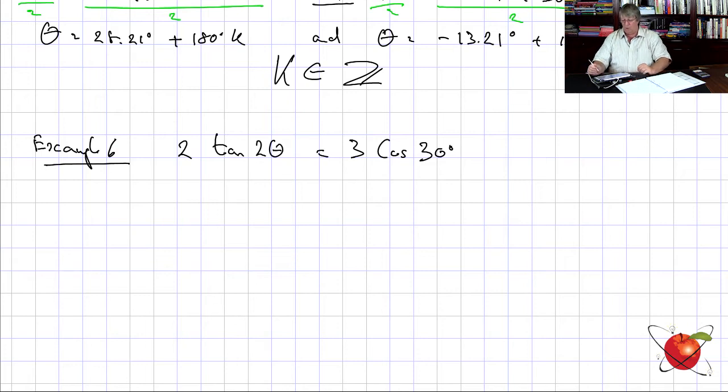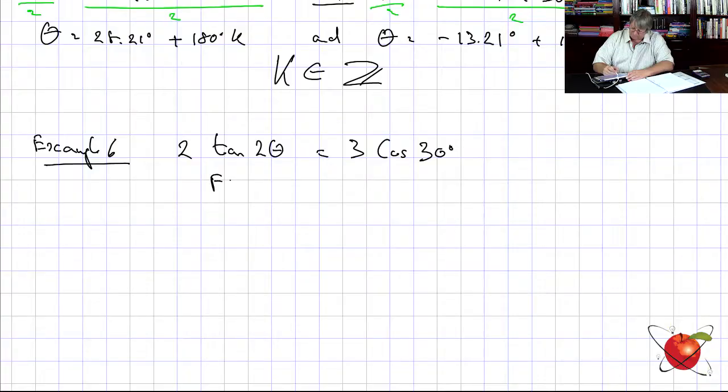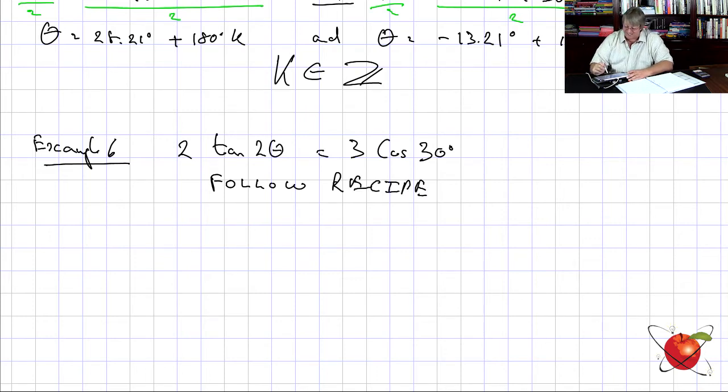Whoa, what's going on here? I've now got a trig function on the right-hand side. And I keep saying, follow the recipe. What does it say? It says isolate the trig function first, correct? Which is therefore tan 2θ is equal to 3 over 2 cos 30°.